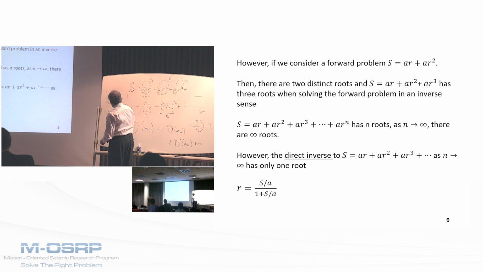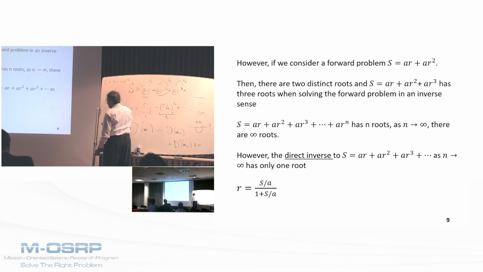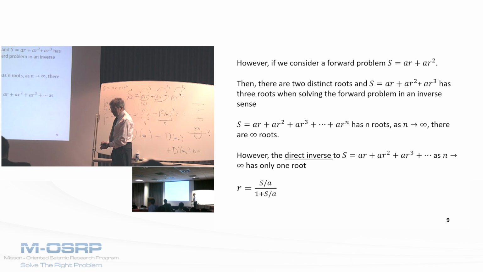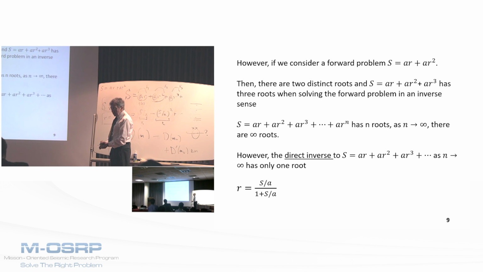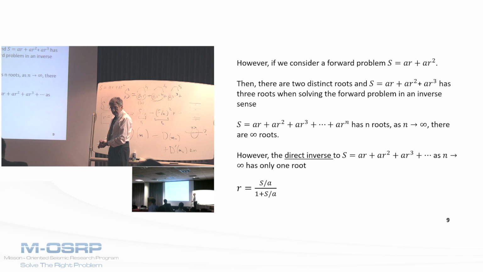Look what happens if it's nonlinear. S equals AR plus AR squared. Let's say that's your forward problem. Now run it backwards. You get two roots, R1 and R2. You make it R cubed, you get three roots. You go to R to infinity, you get infinite roots solving the forward problem in an inverse sense.